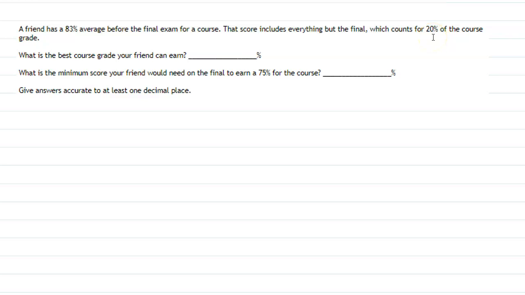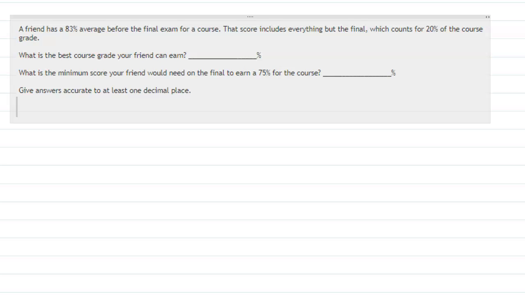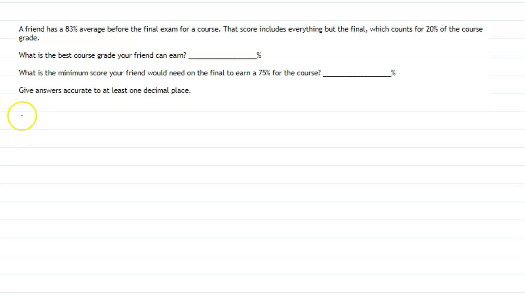So let's just write some information down that we know. So the final is 20% of the grade, and then everything else is worth 80%. Everything else is 100% minus 20%.